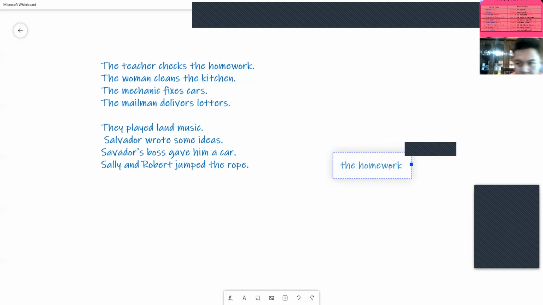Ahora sí, ya sería mi verbo. Ajá. Que sería de homework, de check. Okay, but what is the passive verb?